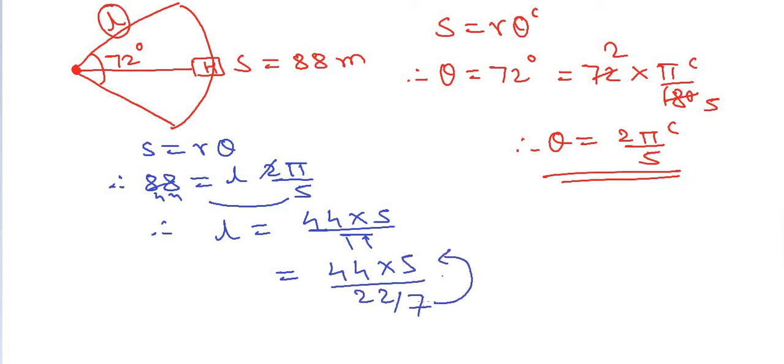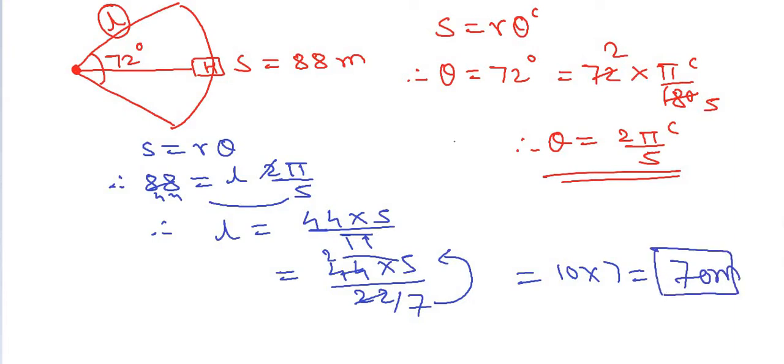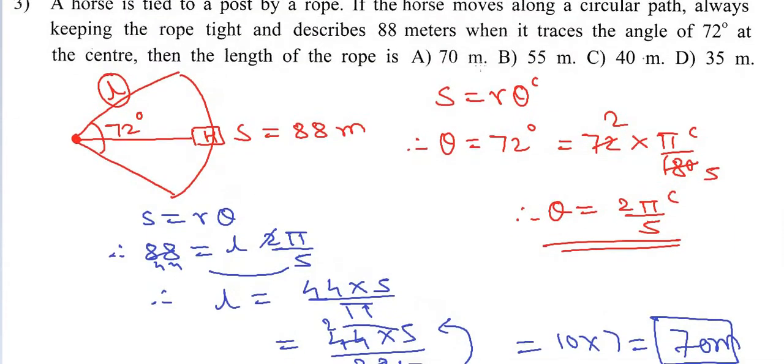This 7 in the denominator position goes to the numerator. 22 twos are 44, so that is equal to 2 into 5, 10, into 7, 70. So that is equal to 70 meter. Therefore the length of the rope is 70 meter, and so the correct option is option A.